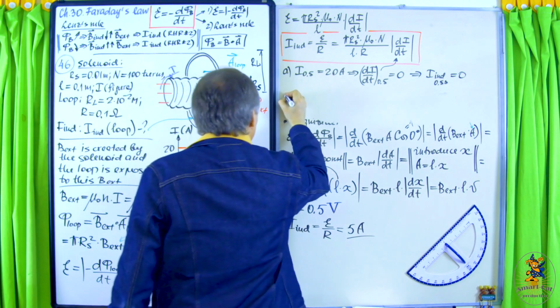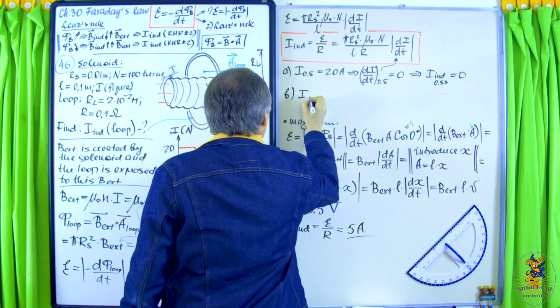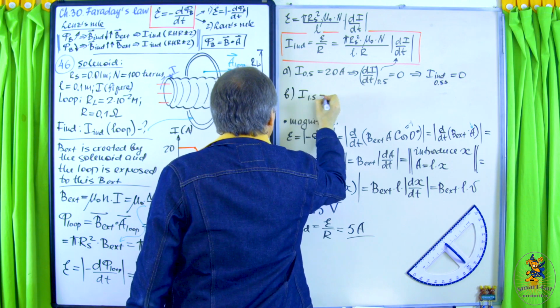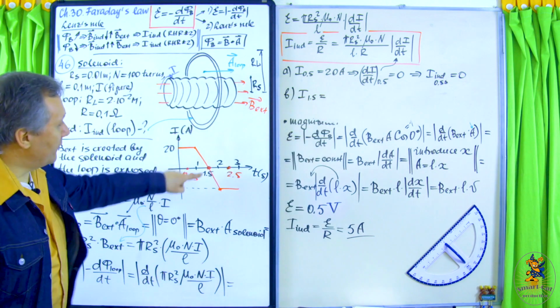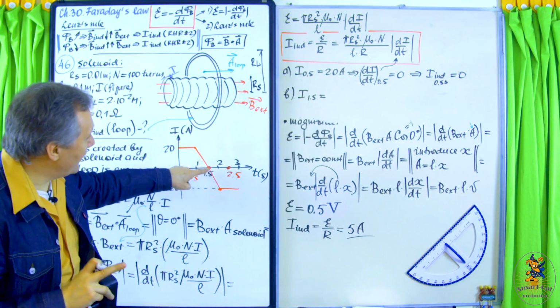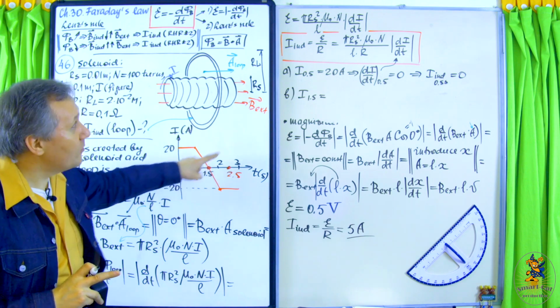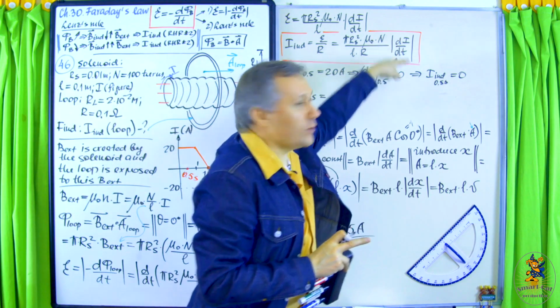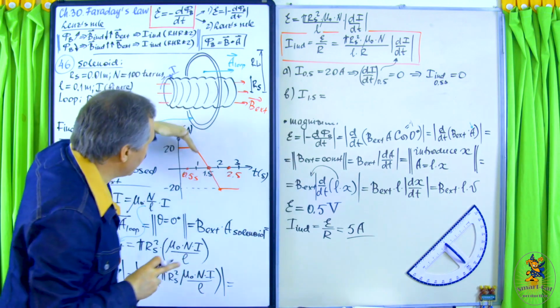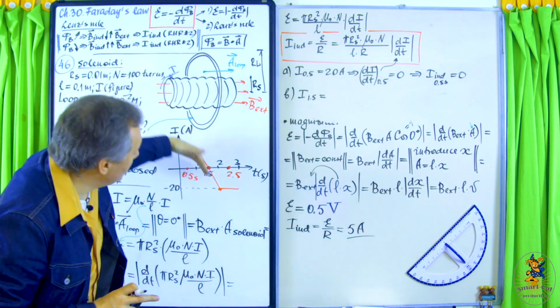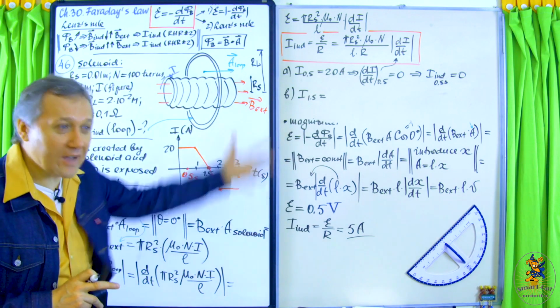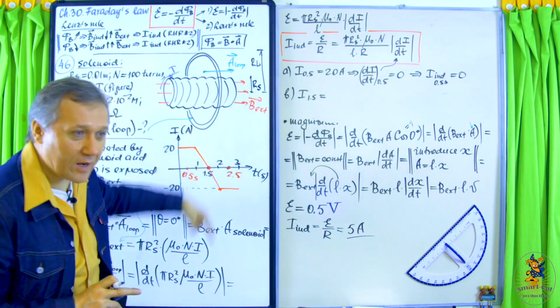Part B, current at 1.5 seconds. The value of the current, okay guys, the value of the current is 0. But we don't need the value of the current. We need to know how fast the current changes in time. We need to know the slope. di over dt is the slope of this graph.